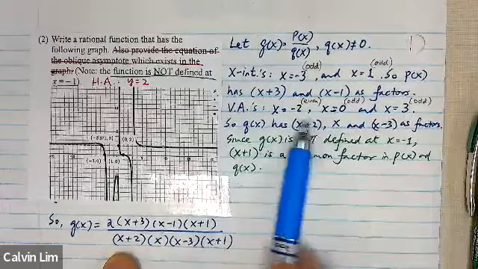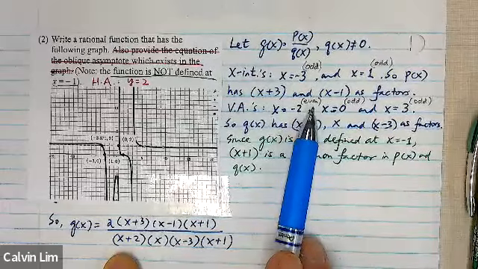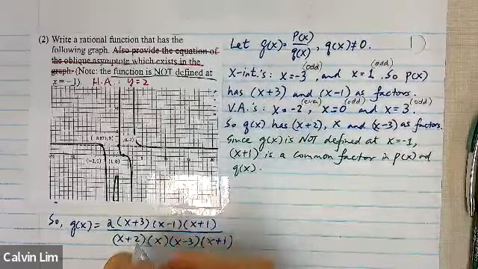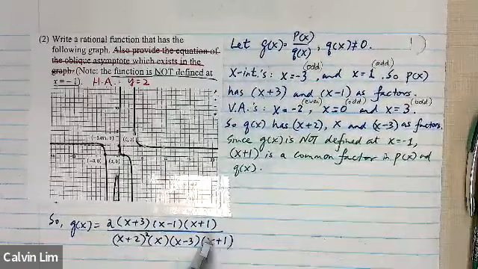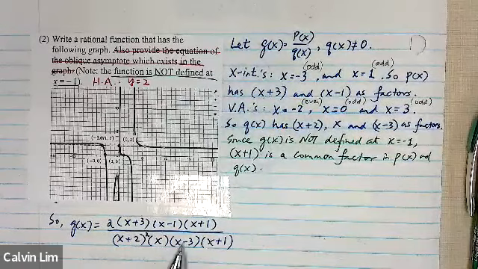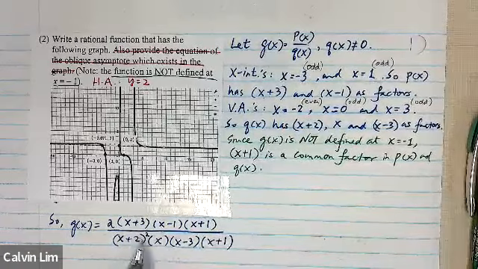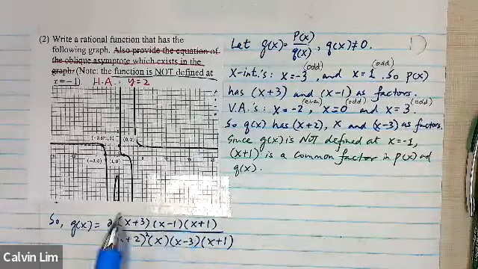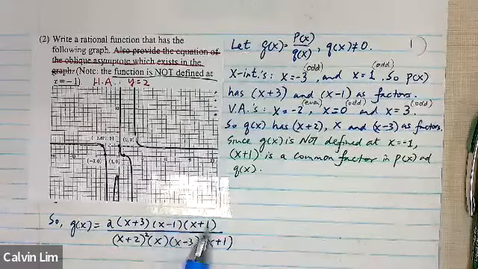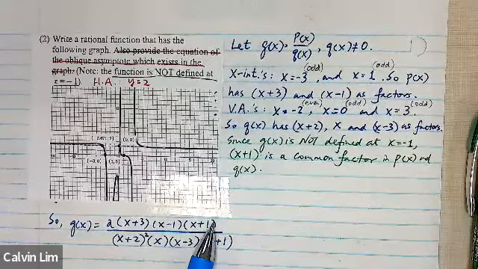What about x plus 2? X plus 2 has to be even. The smallest even positive number is 2. So I'm going to use 2 for that. So what is the overall degree for Q of x? 5, right? 2, 3, 4, and 5. Okay.